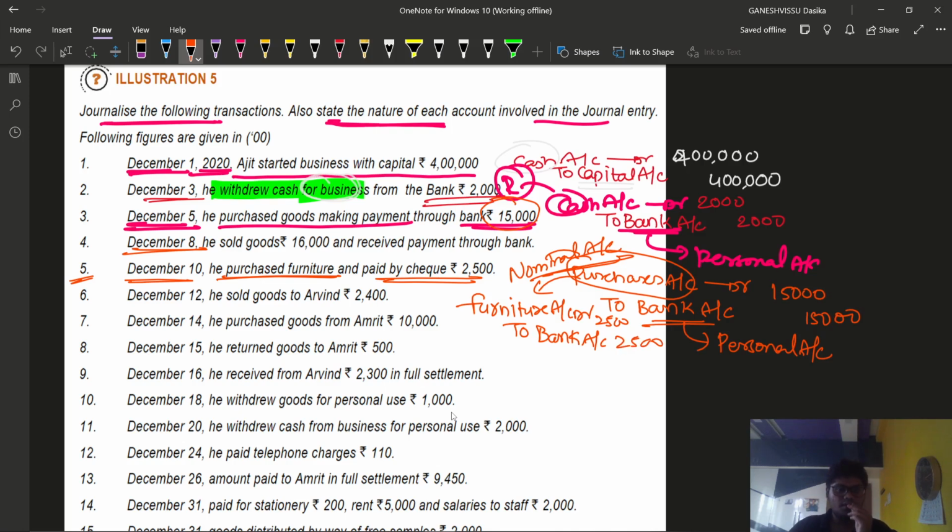This is the entry we can write. Furniture is coming in, debit what comes in. Furniture is an asset account, and under the real account rule, debit what comes in. Furniture is coming into the business, so we debit the furniture account, and the amount is going out through bank. Bank is the giver, so we credit the bank account. Bank account is a personal account.